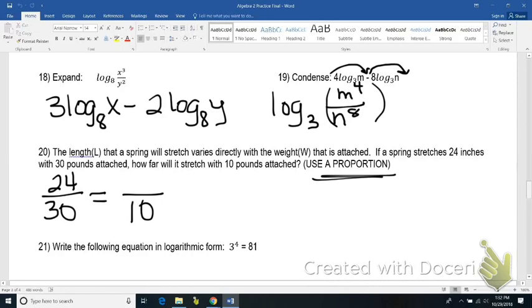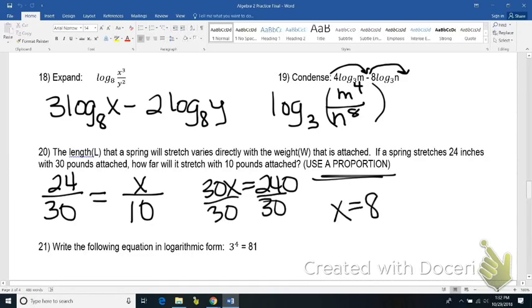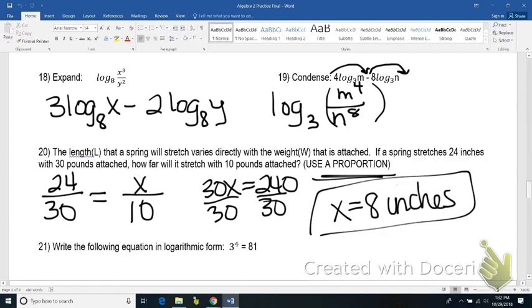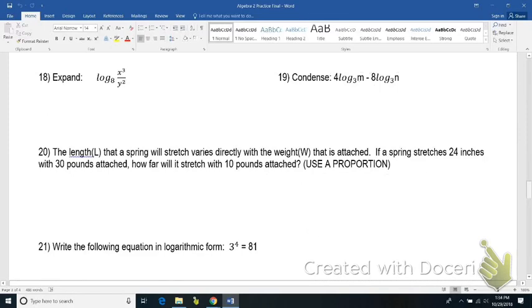If it had been inches, we'd have to put the 10 on top and the x on the bottom. But then from that point on, it's just cross multiply. So 30x equals 240, and when you divide by 30, x is 8, and this was, what, inches? Good? Yep. It's fair.